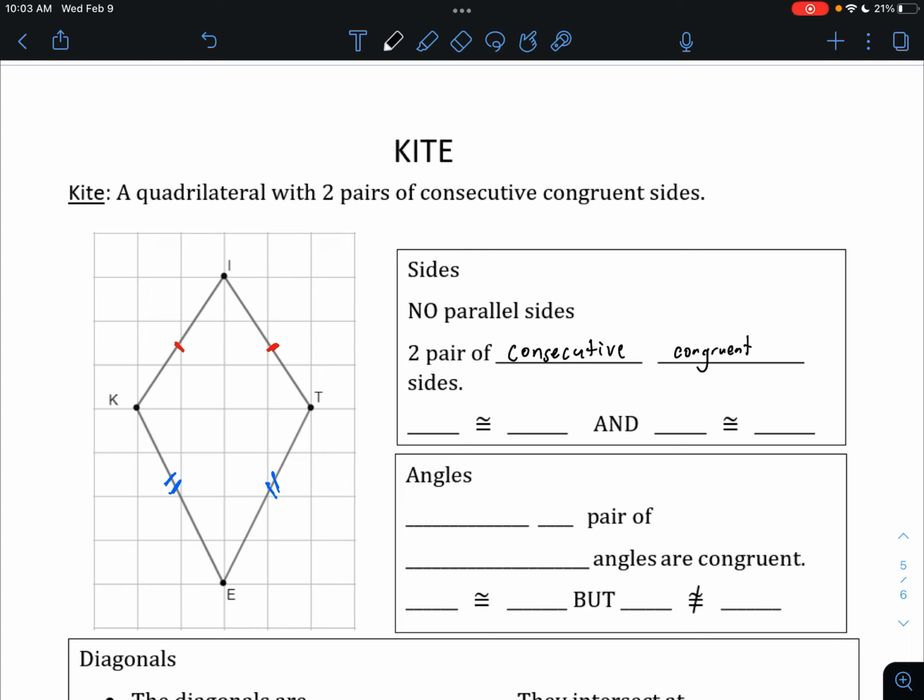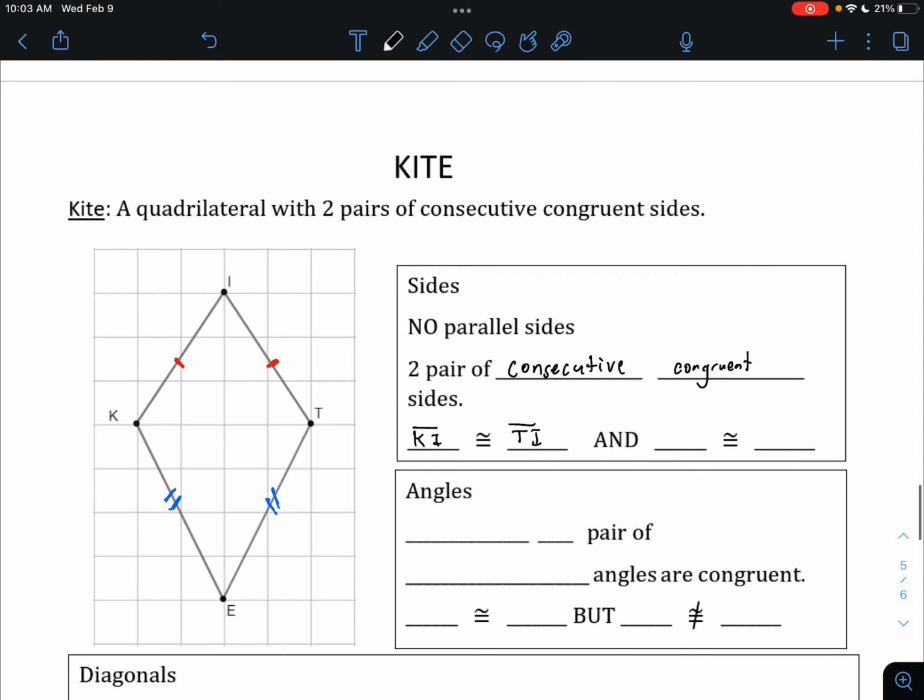In this case, we have segment KI, which is congruent to IT, or TI. Those are the 2 red marked ones. And we also have segment KE, congruent to TE. Those are my 2 sets of consecutive congruent sides.